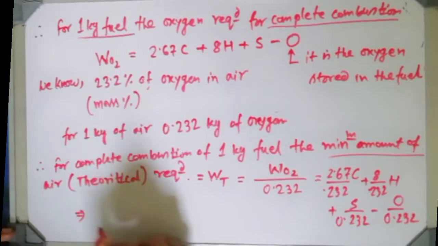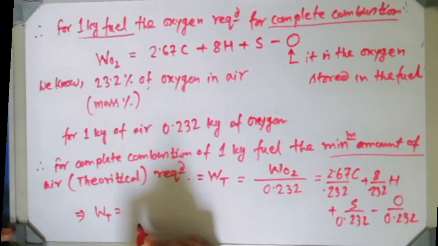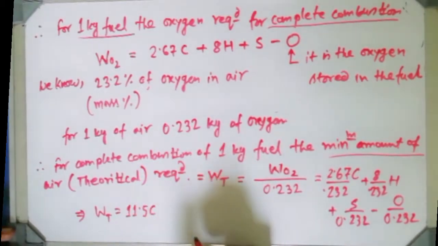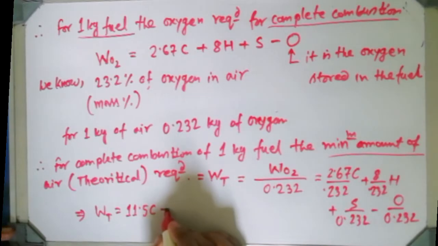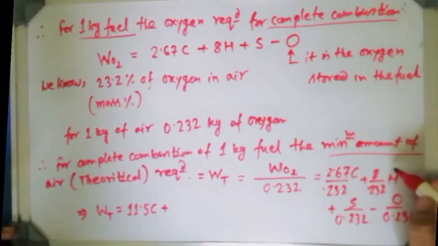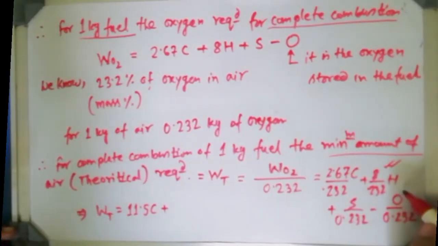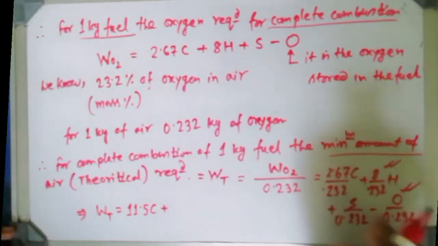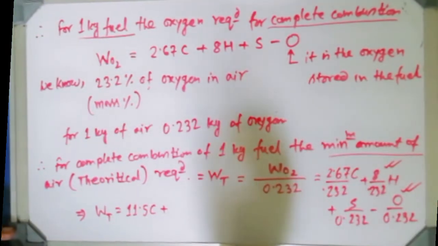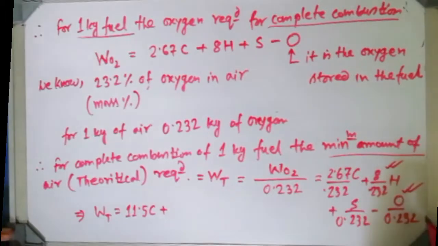I am taking H and O along with a single bracket. Understood? I am taking 1 by 0.232 common. Suppose I write it this way: 8 by 0.232 times H minus O by 8.